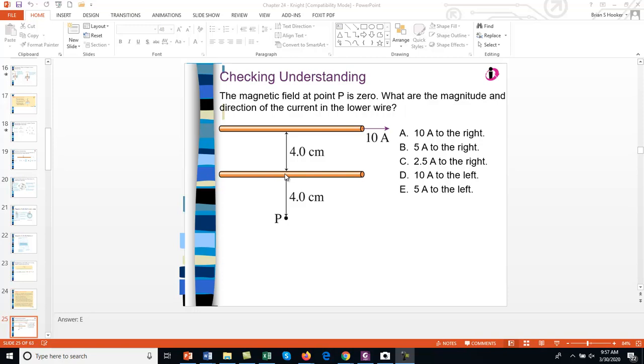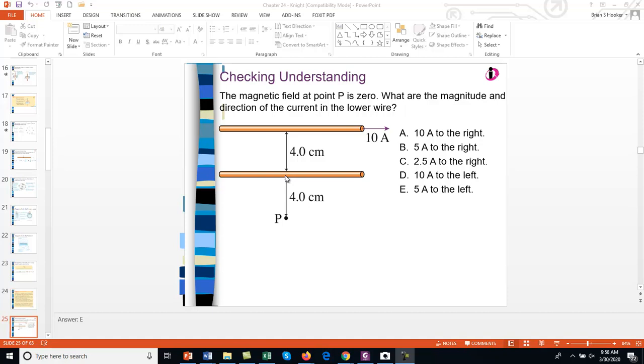The first thing we need to understand is that in order to cancel out the current in the top wire, the current in the bottom wire is going to have to go in a different direction. If we use the right-hand rule for the top wire, the magnetic field at P would be going into the page.